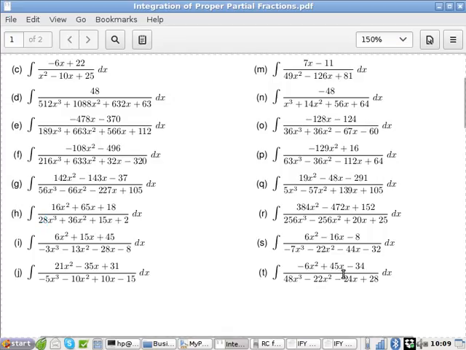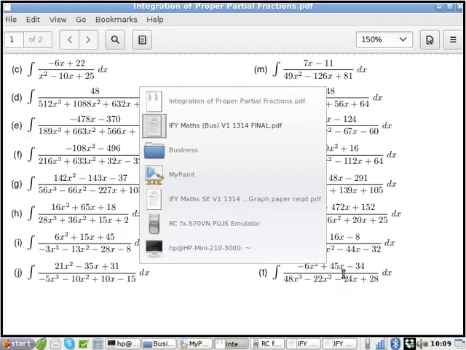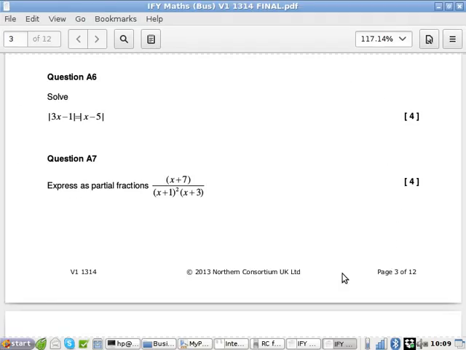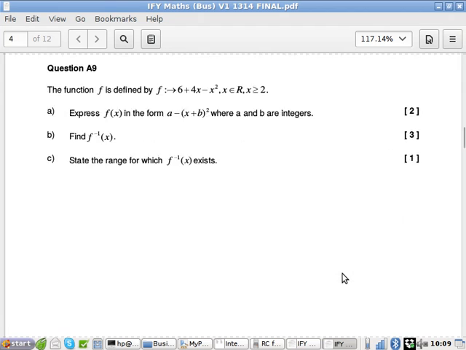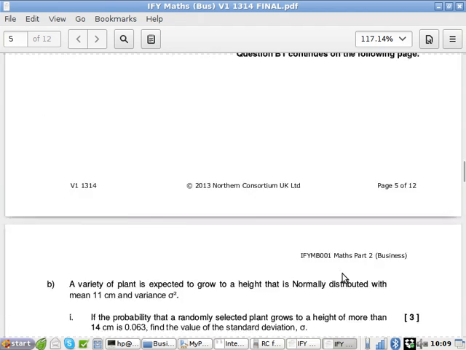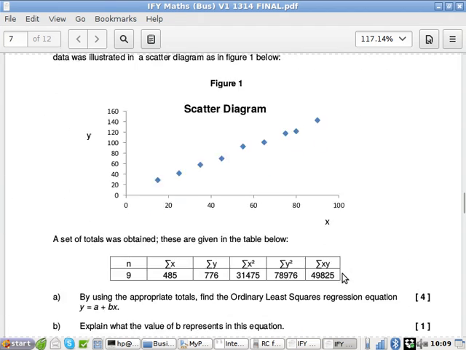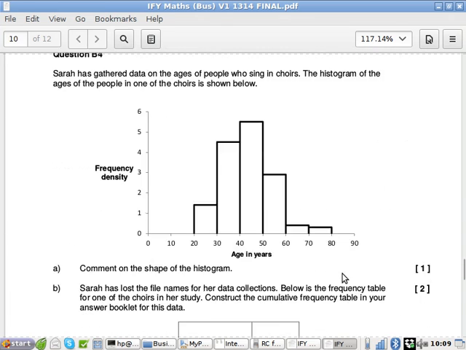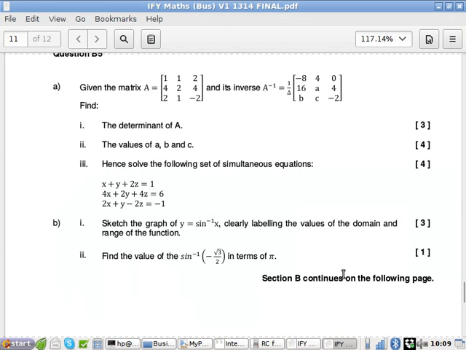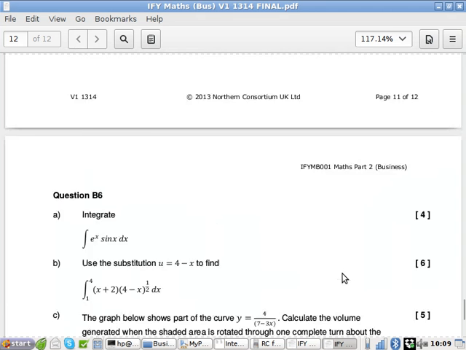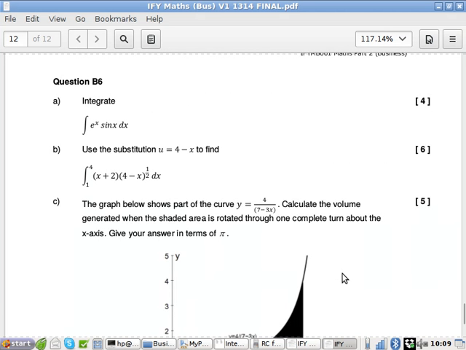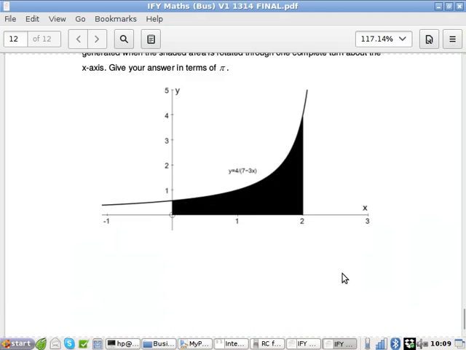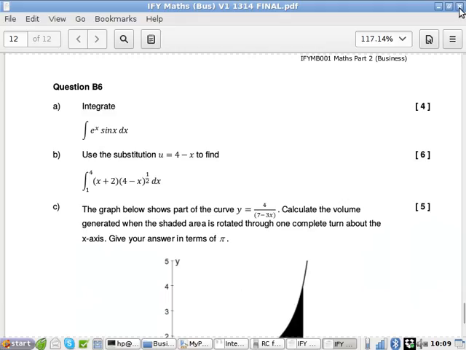These are on every exam, either in A or B or both. So like if you take the business exam, they had it in A. I wonder if they had it in B as well. They didn't have it in B, but you could have it in A or B or both.